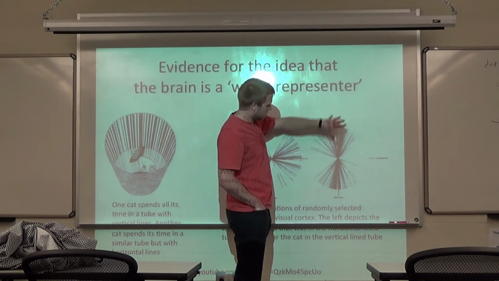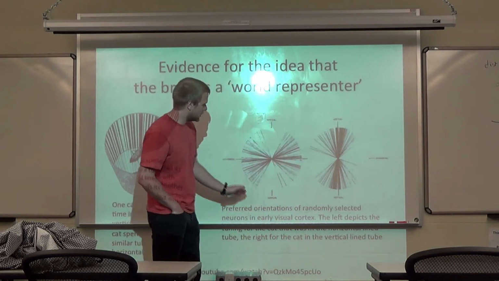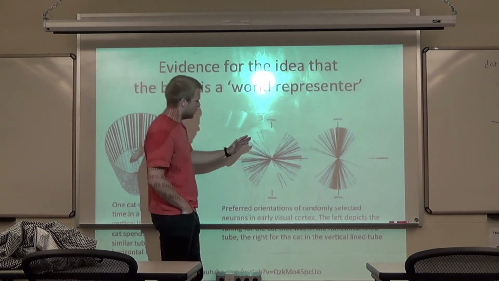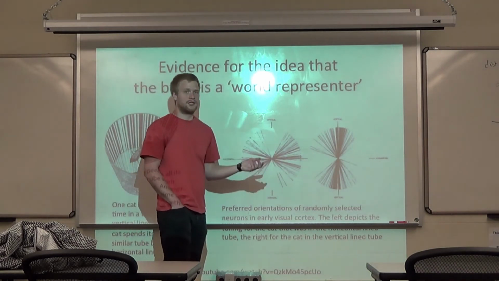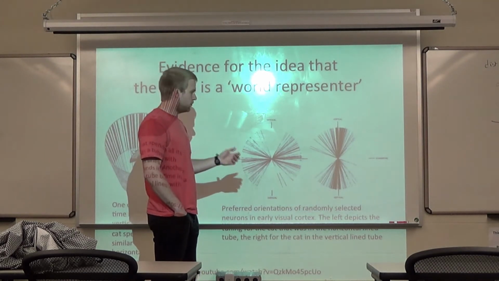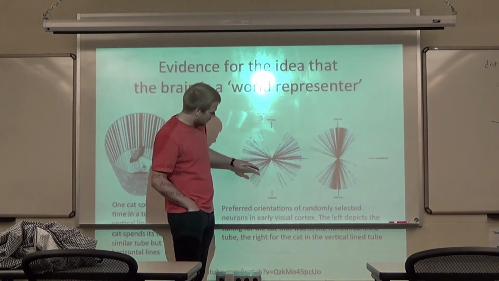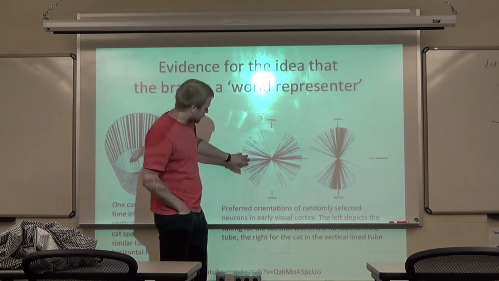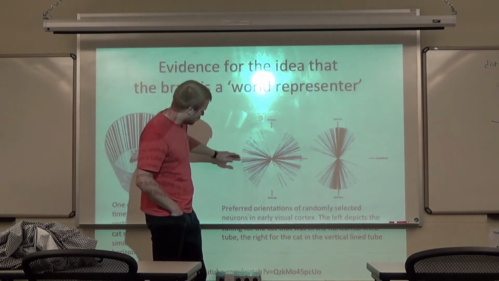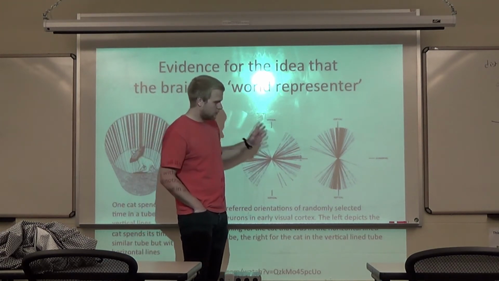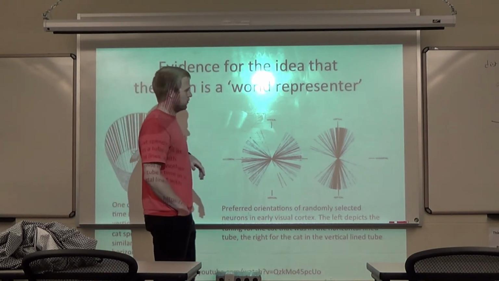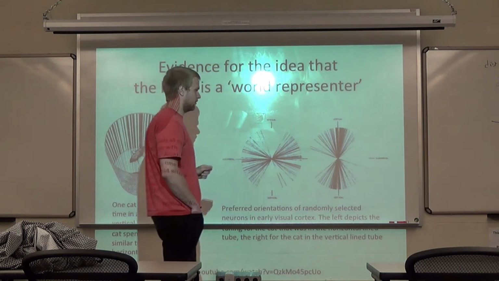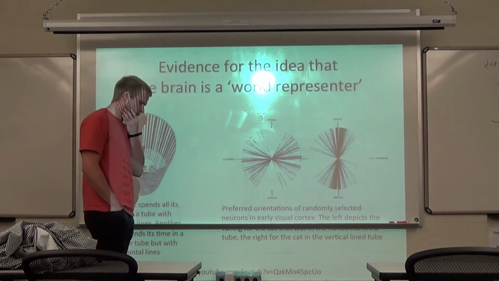What these images show is that each line represents a neuron, and the orientation of the line is that neuron's preferred orientation. So all of the neurons were encoding horizontal lines in the cat that existed in the horizontal cylinder, and the opposite for the cat that existed in the vertical.